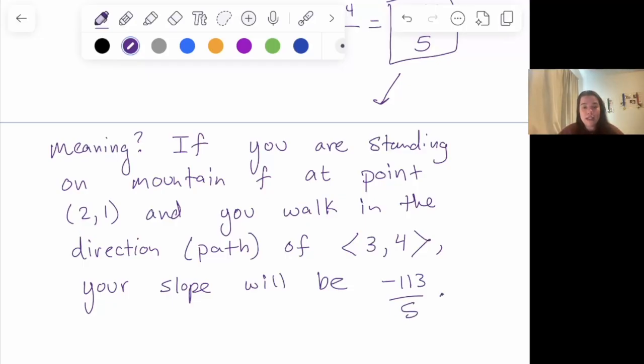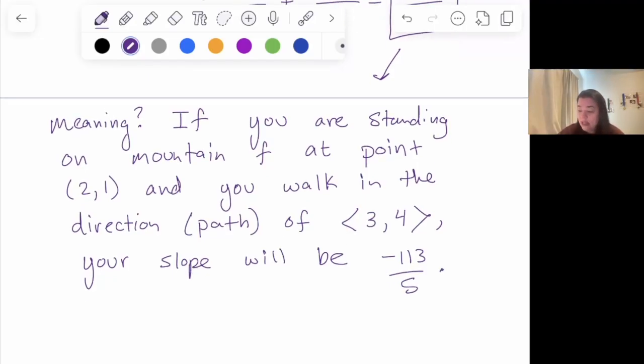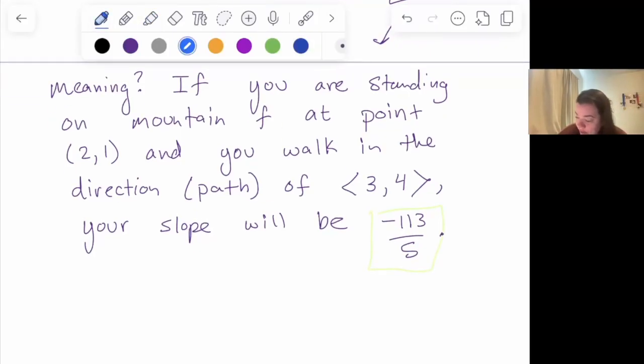That is an interpretation of what you found in the directional derivative. This piece is what is found for you by finding the appropriate directional derivative, right? It is a directional slope or derivative.